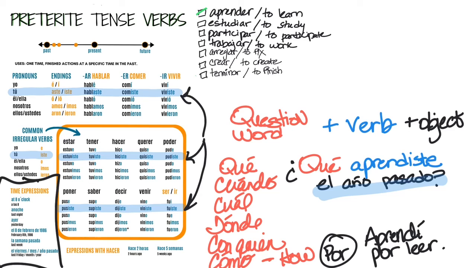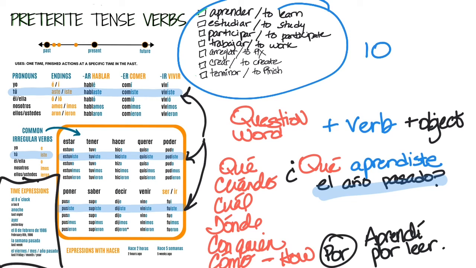I'm going to ask you to go ahead and work with these verbs here and to go ahead and form questions. You can pick any of the question words. I'm just going to ask you to do at least 10 different questions and to write them below so that your classmates can answer them.